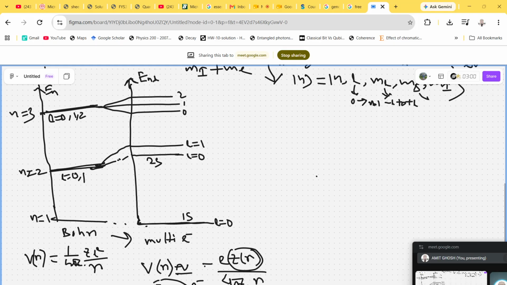So this is 2s and 2p. Next here you have n equals 3, and in the spectroscopic notation you write n and l. So the first term is the n value, the second one is the l value. So 1s, 2s, 2p, then 3s, 3p, 3d, like this.